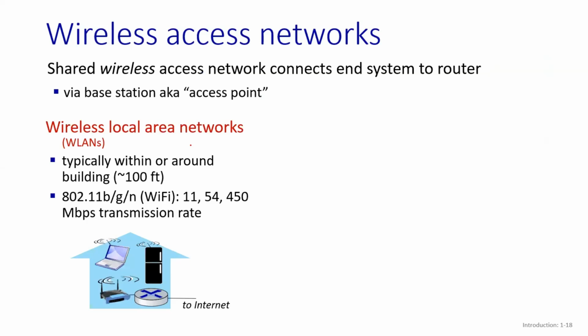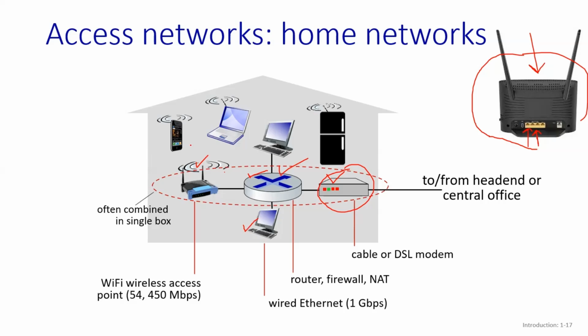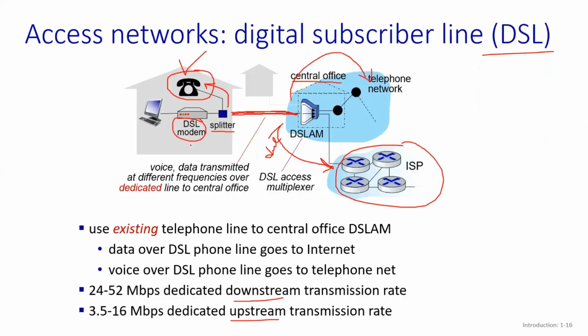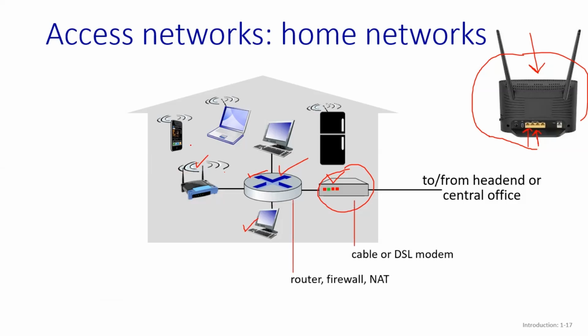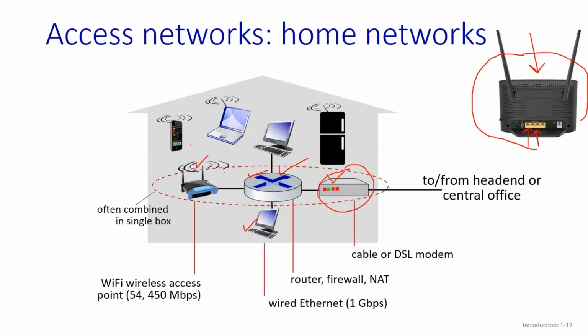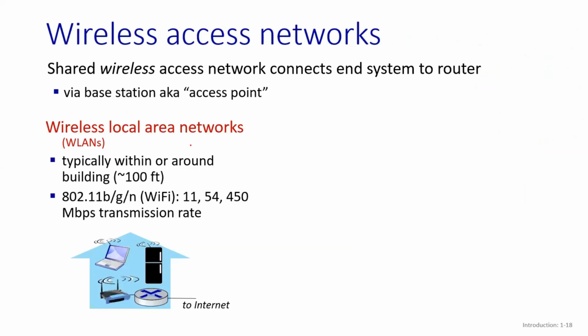Okay, then we have wireless access networks. Up until now, we have talked about the cable-based access networks, which included DSL and the cable-based access network. Now we're moving towards the wireless access network. A shared wireless access network connects the end system to the router via a base station, also known as an access point.